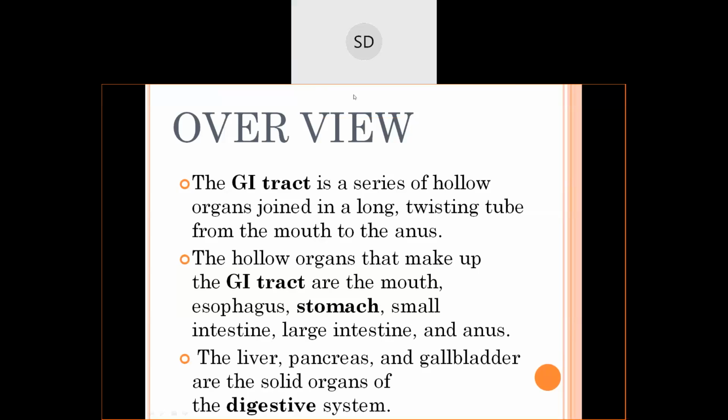What organs? Solid. Solid means solid organs.